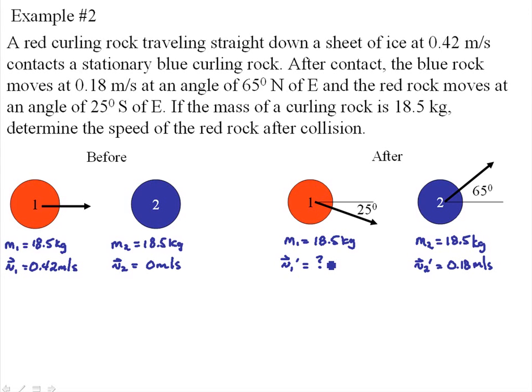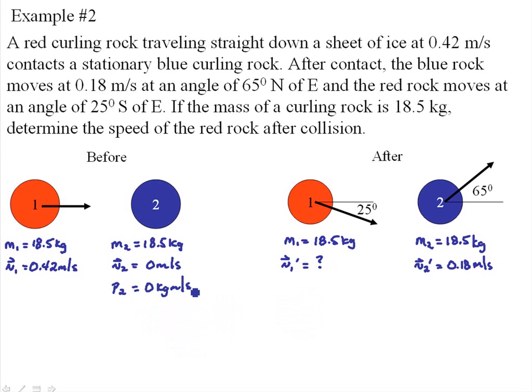When you look at the before scenario, the momentum of object 1 is strictly in the X direction. The momentum of object 2, there isn't any. In fact, we can label that very quickly. Momentum of object 2 before is going to equal 0 kilogram meters per second.